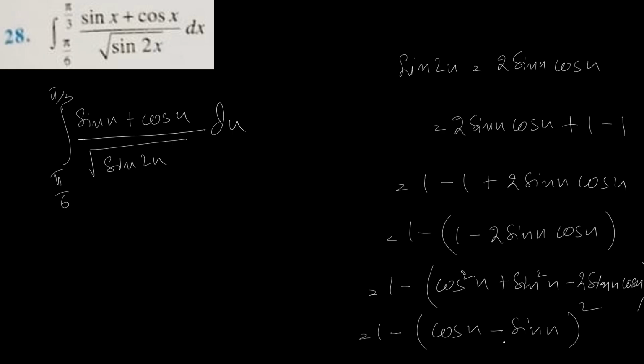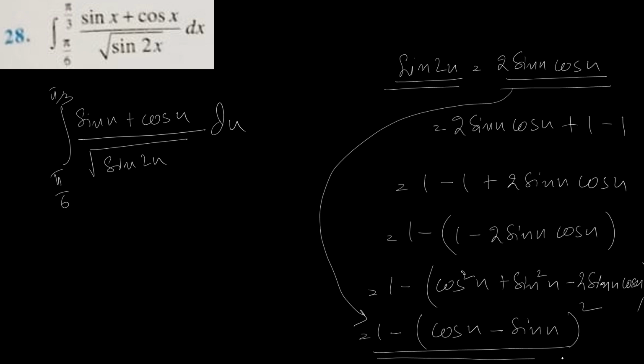Okay, so here as you can see, from sin 2x, which is 2 sin x cos x, I modified this a little bit, and from here I got this. So now here you see, this is our integration.